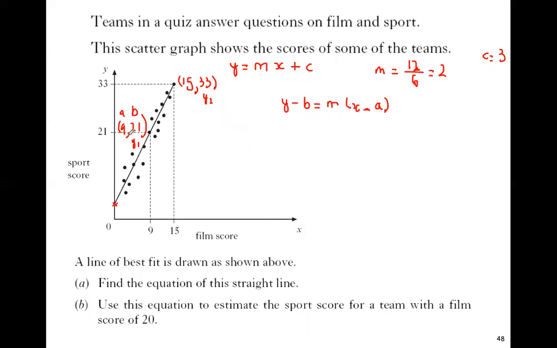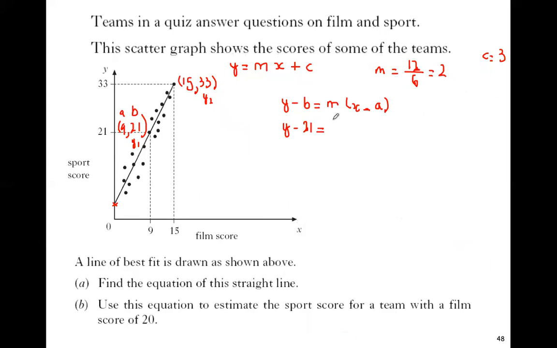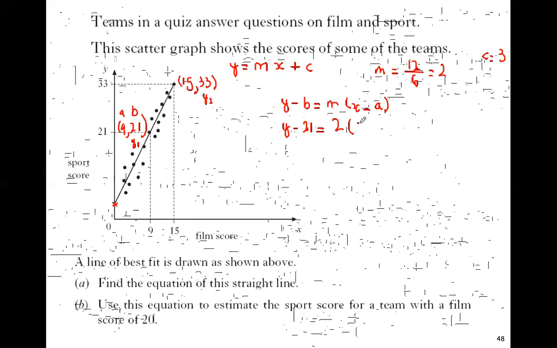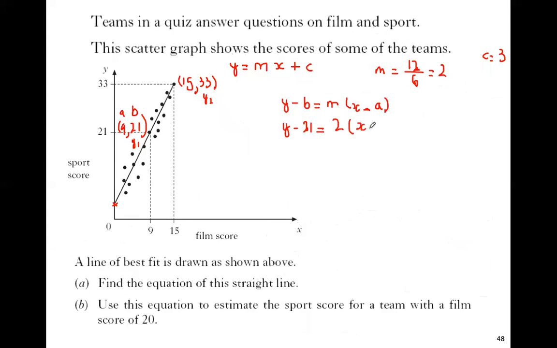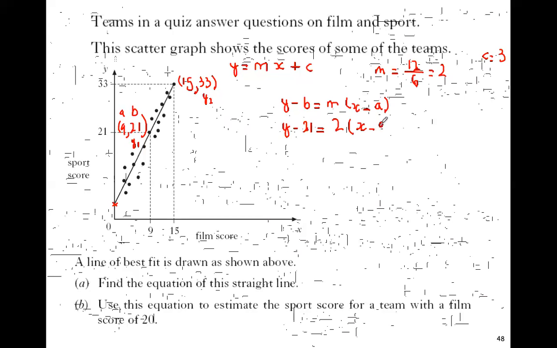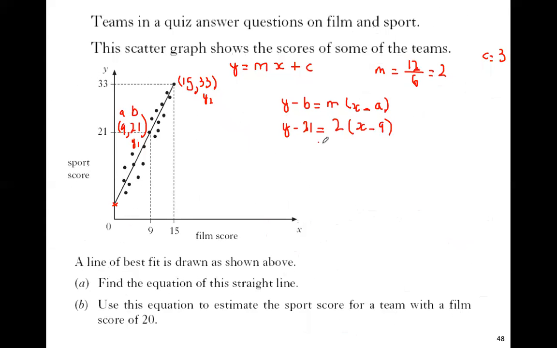So let's pick 9, 21. So y minus 21 equal 2x minus 9. So that's 2x minus 18.